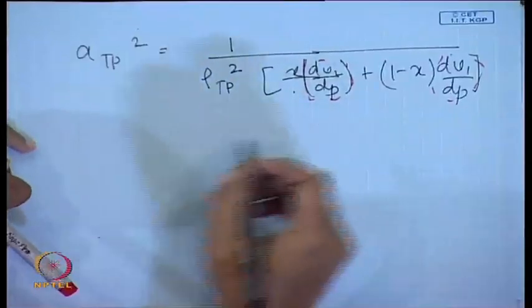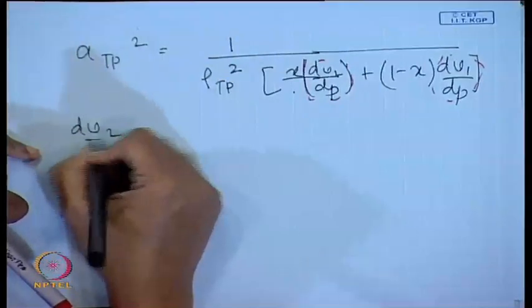That means, instead of this two phase flow, if fluid 1 would have been flowing under the same conditions of temperature, pressure, etc., then the velocity of sound which would have been there is represented by dP/d rho 1 in this case and dP/d rho 2 for fluid 2. Agreed?